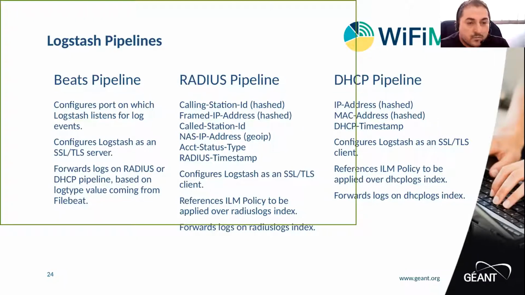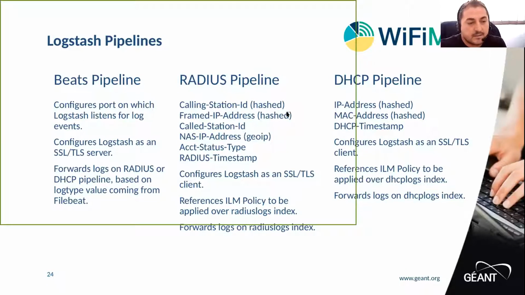In the other two pipelines, we see a list of the fields we collect from the respective logs. For example, in the RADIUS pipeline, we see calling station ID, framed IP address when it exists, and some other fields. The first two fields in each pipeline are hashed.